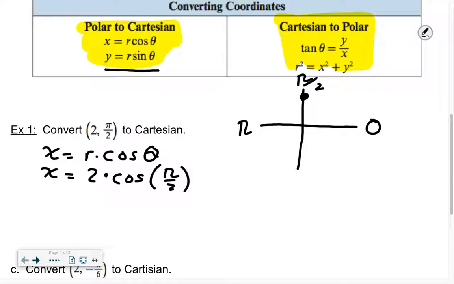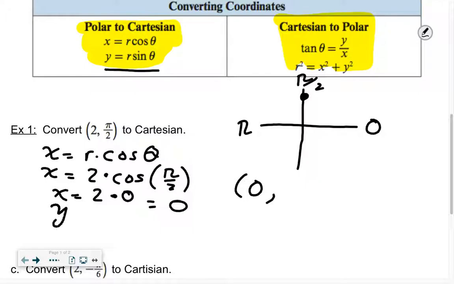X, so therefore at pi over 2, what's your x value? We stay right on the y-axis, our x value is 0, right? If you were to plug that into your calculator and make sure you were in radian mode, cosine of pi over 2 would tell you it's 0. Therefore, 2 times 0 will get us 0.